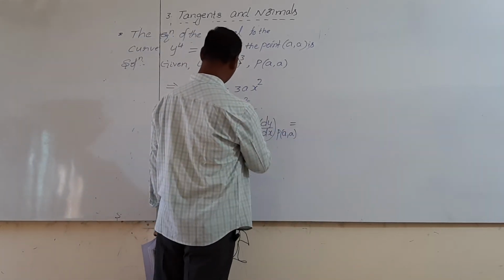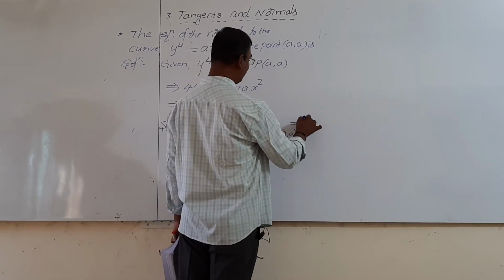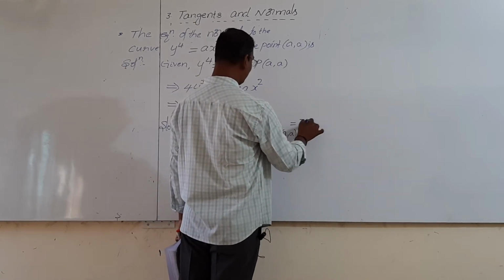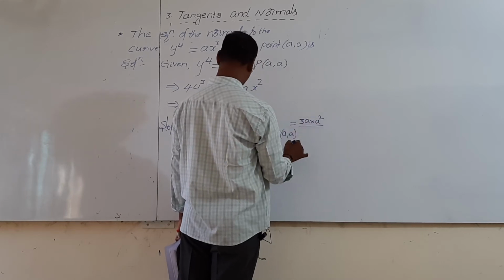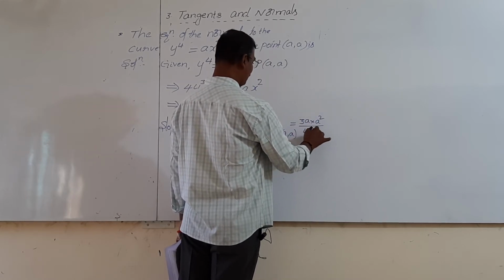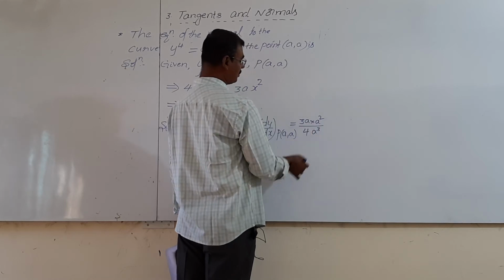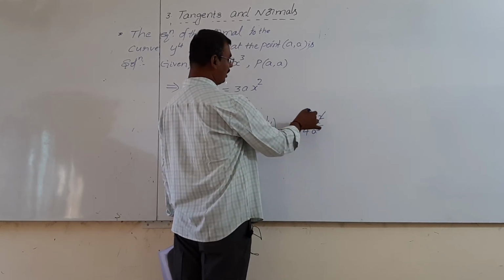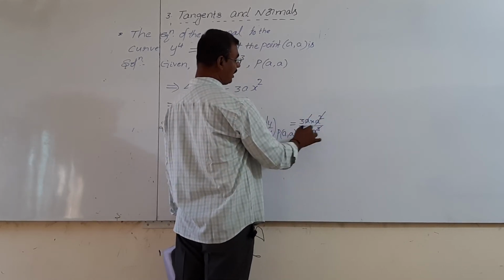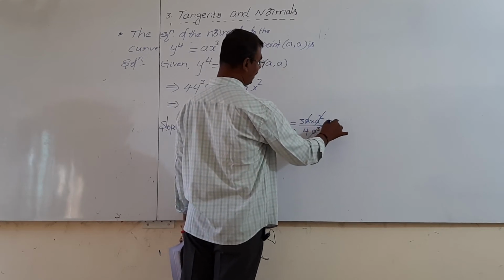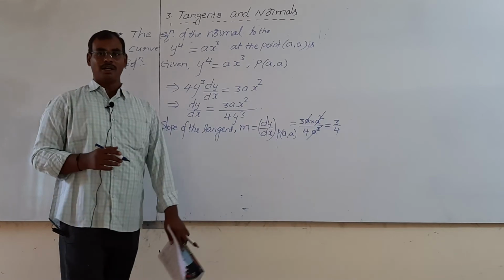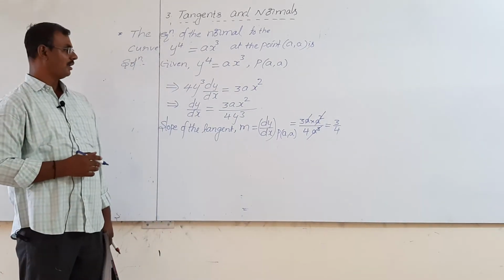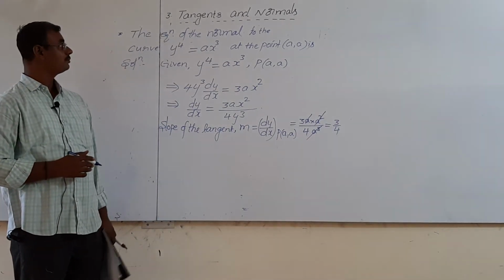This is equal to 3a into a square divided by 4 a raised to 3. Observe that a raised to 3 gets cancelled. The slope of the tangent is 3 divided by 4. We got the slope of the tangent is equal to 3 by 4.